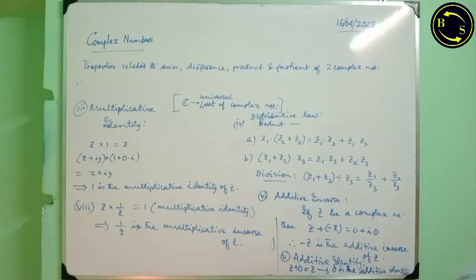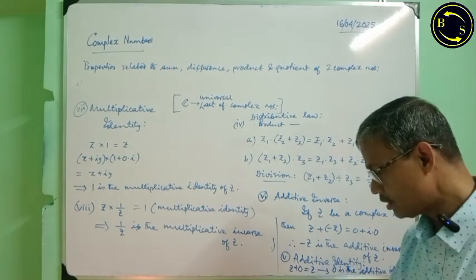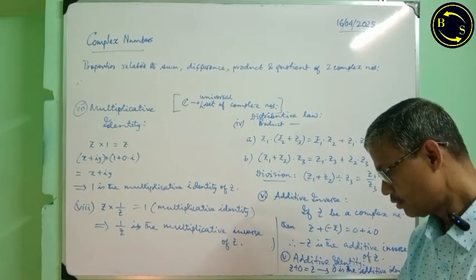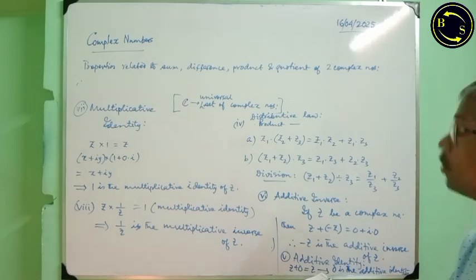These are the relevant properties in case of addition and multiplication of two complex numbers.